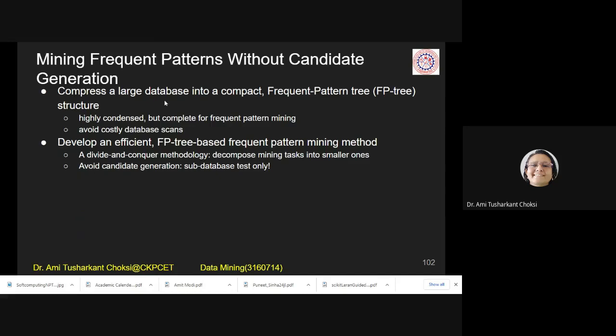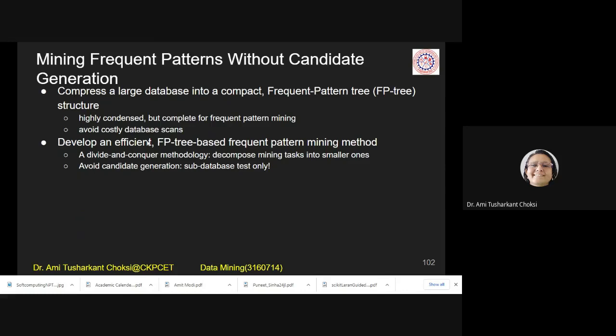Compress a large database into a compact frequent pattern tree, that is, the FP tree structure. Highly condensed but complete for frequent pattern mining, right? It avoids costly database scans.